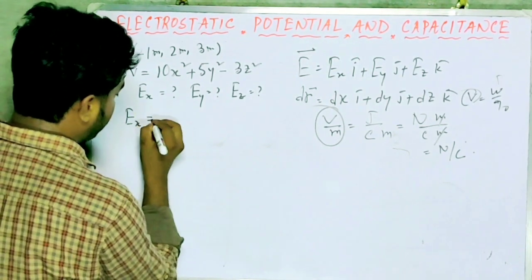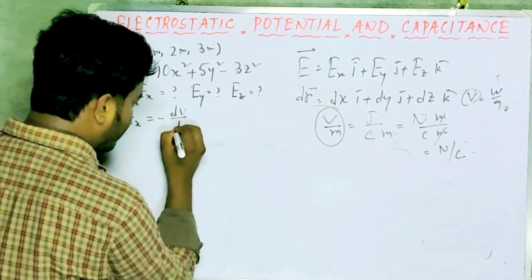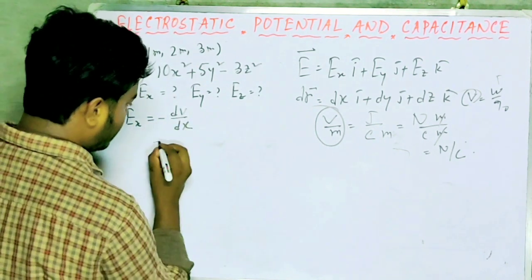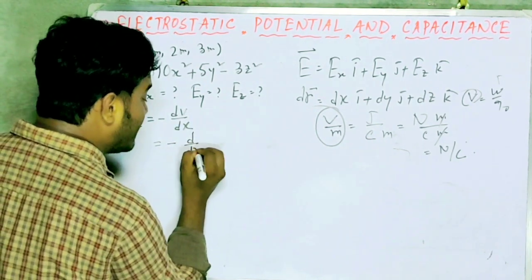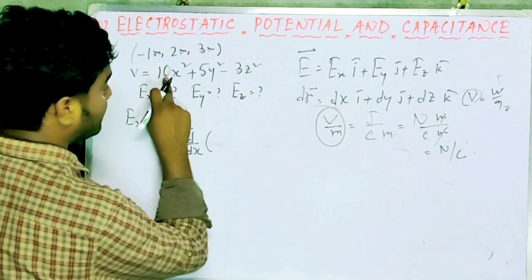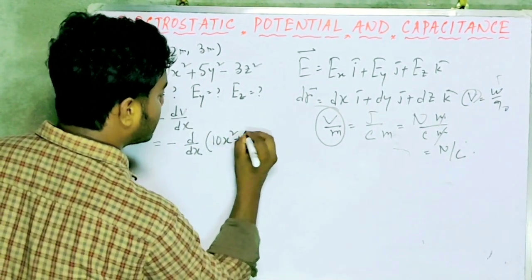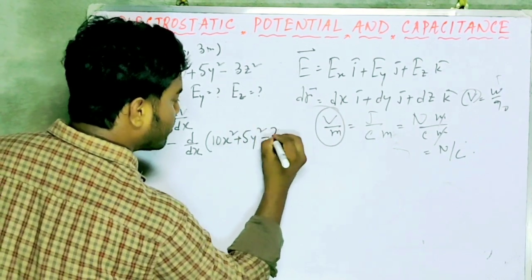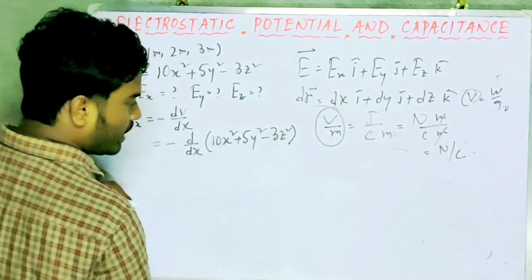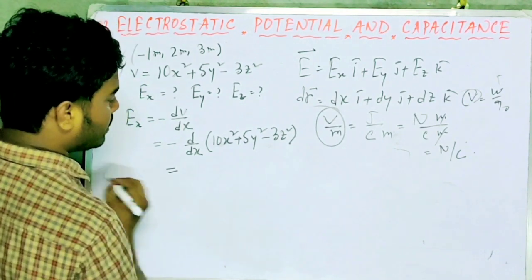The formula of Ex is minus dV by dx. So minus d/dx of V, that is 10x square plus 5y square minus 3z square. Now differentiate it.